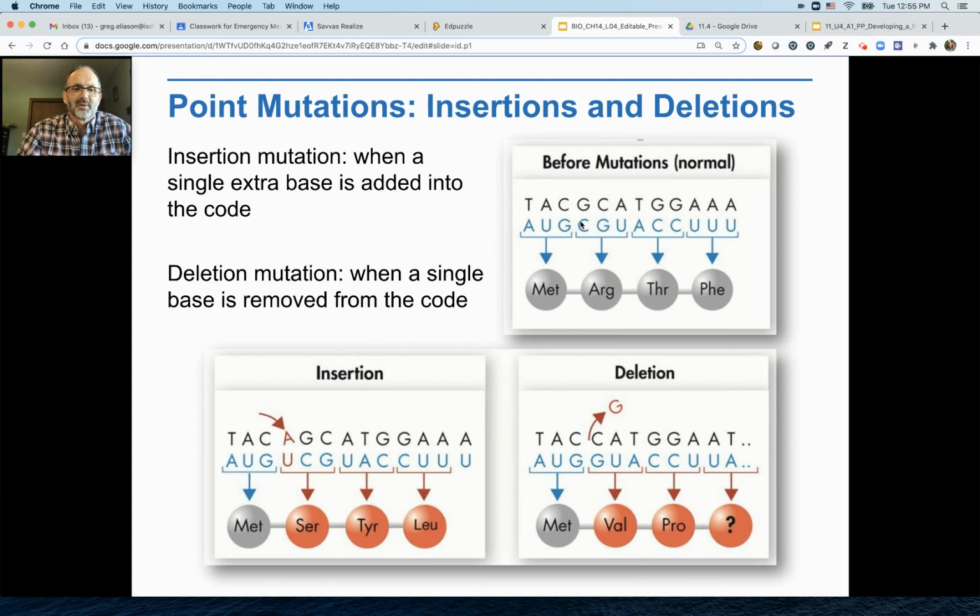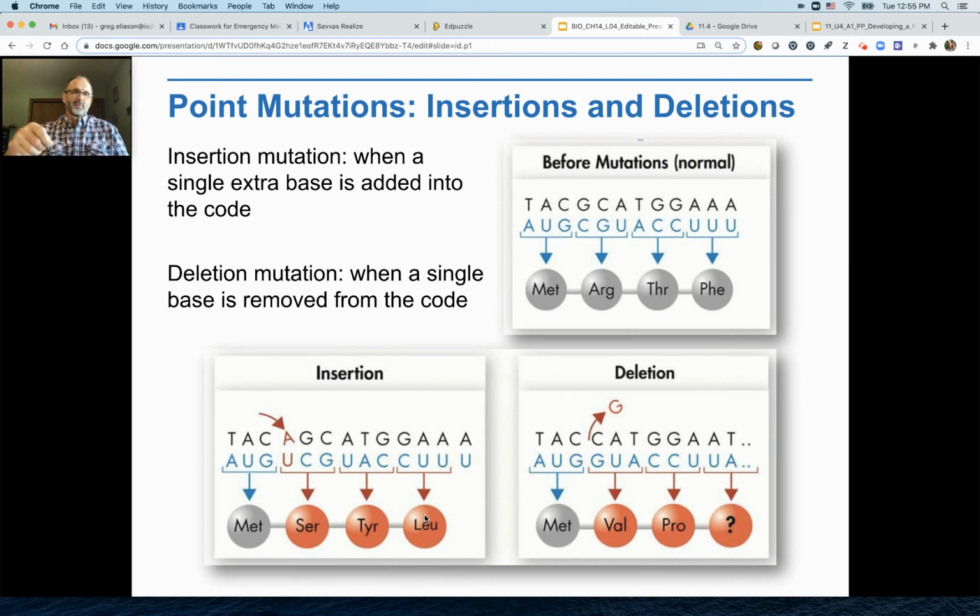So if we have an insertion here, we're actually shifting this part of the code to the right, to the reading area. So we're going to change this codon from CGU to UCG, which changes the amino acid from ARG to SER. And because that one shifted, everything that occurs after that is going to change. So these are now different also.